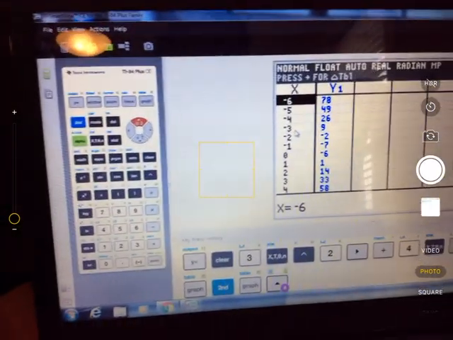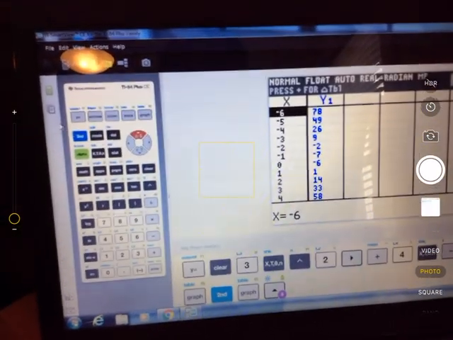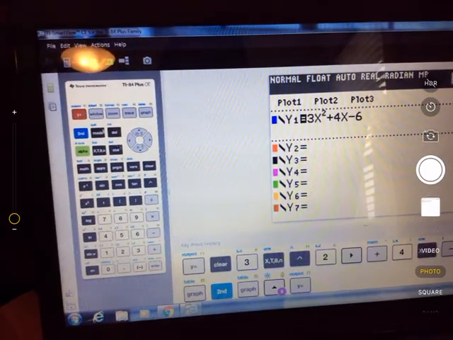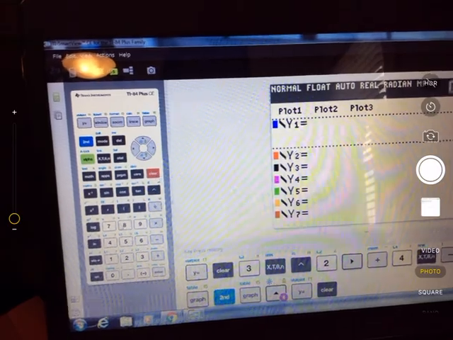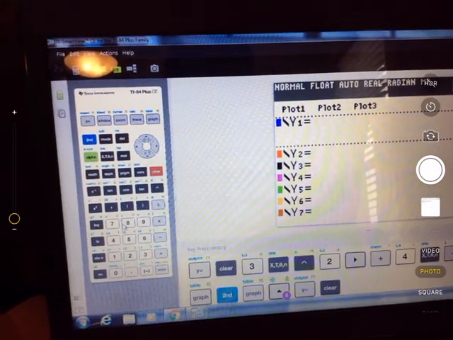So let's go ahead and do that one more time. Go to my camera. Okay, sorry, it's a little blurry. We are going to go back into our y equals, and we have to clear out our other problem. And we have x squared plus 4x minus 5.